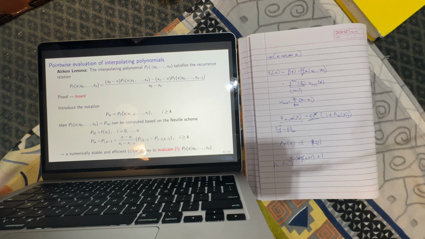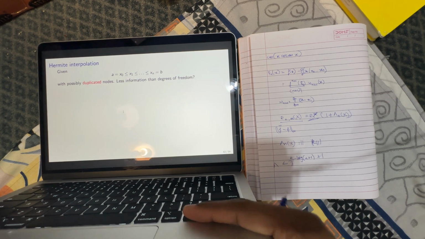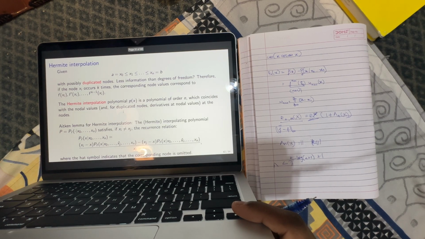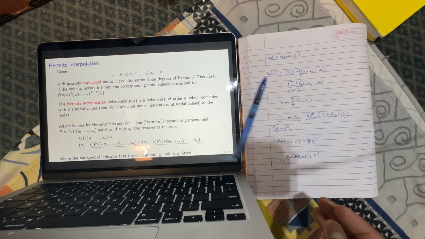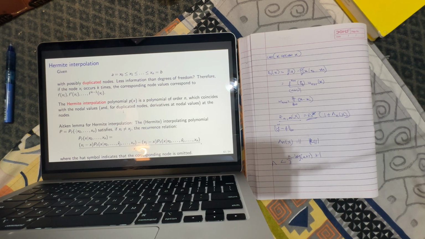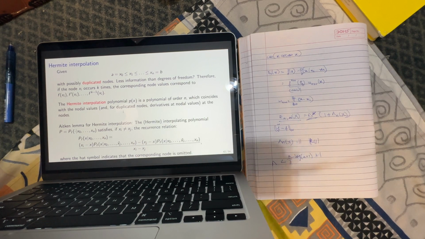Pik is going from i minus k to i. Hermite interpolating polynomial.